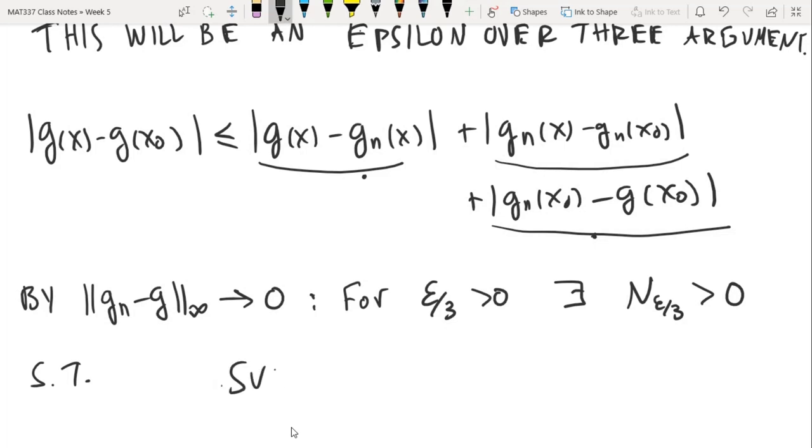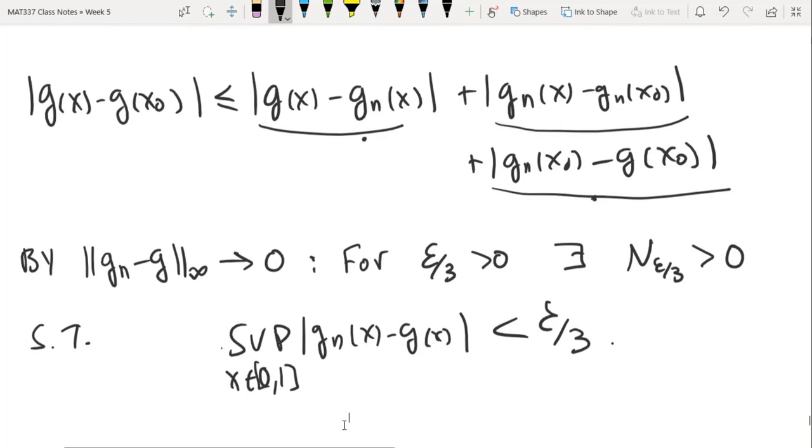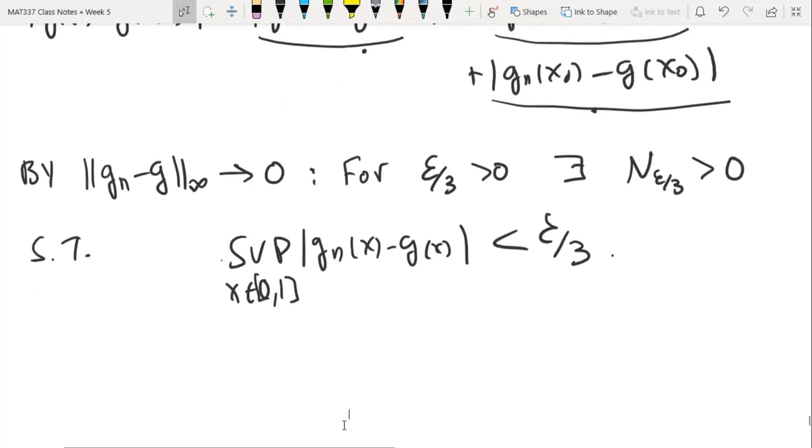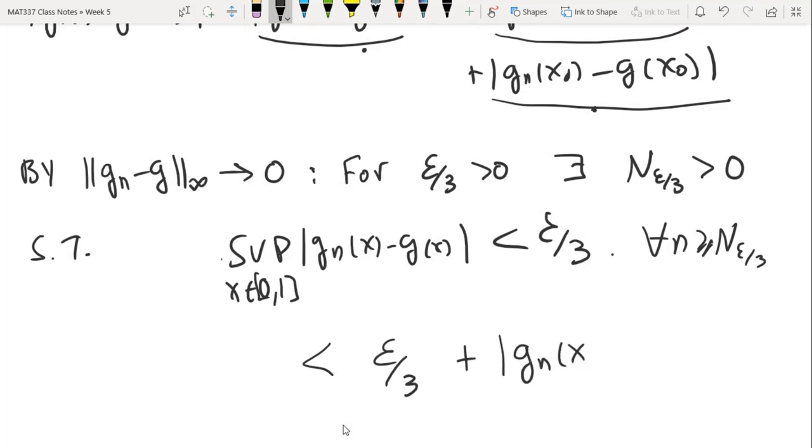So let me write it as sup. So right away, going back to that question, we have epsilon over 3, the remaining piece, and this guy plus epsilon over 3.